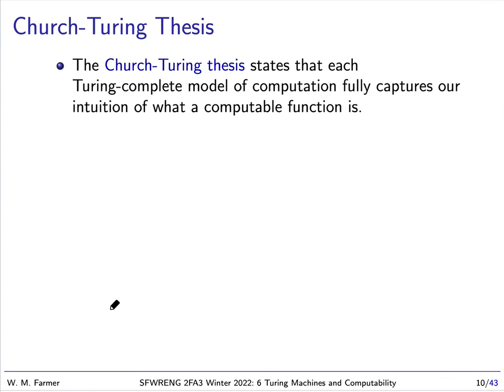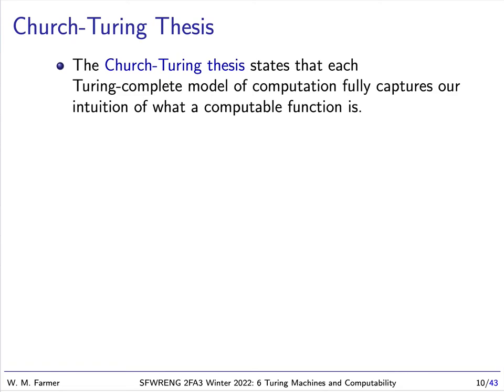Now, Church and Turing developed a thesis that states that each Turing-complete model of computation fully captures our intuition of what a computable function is. So, no one has ever come up with an example of a way of computing that is not incorporated in a Turing-complete model of computation.